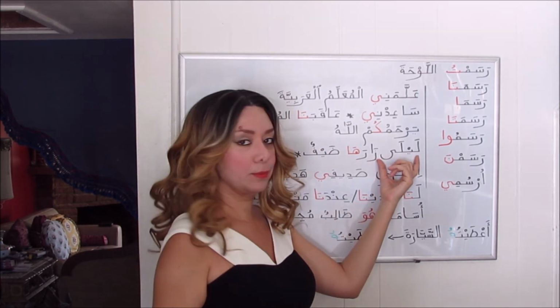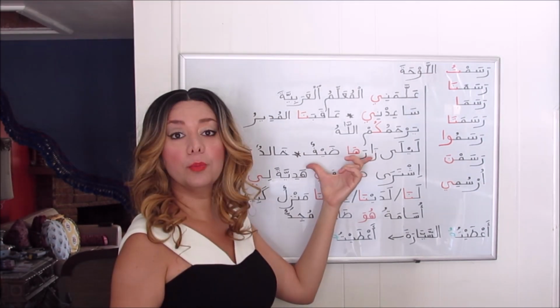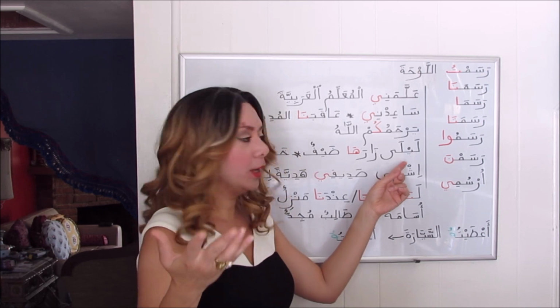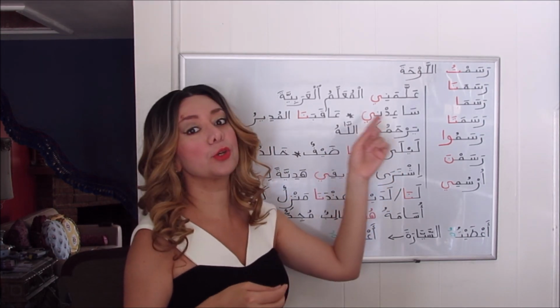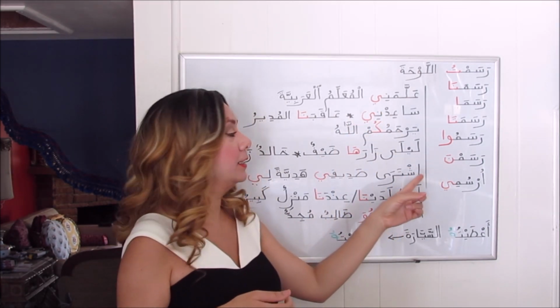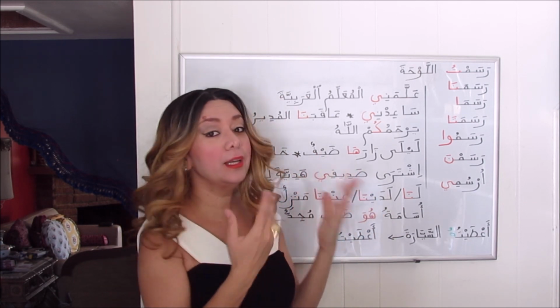So this is the subject, and this verbal phrase is the predicate. So first we have a referent, and then a returner, referring back to the antecedent. ليلى زارها ضيف, or زار ضيف ليلى.